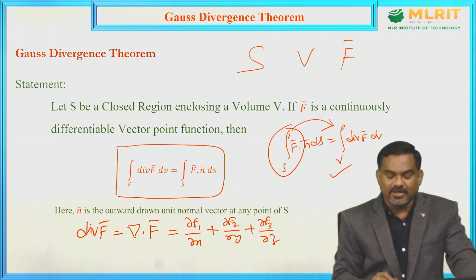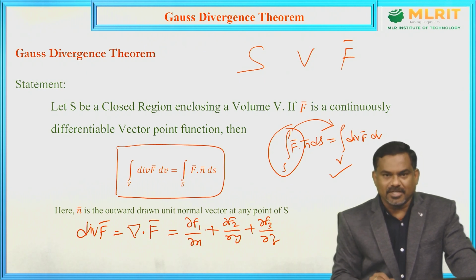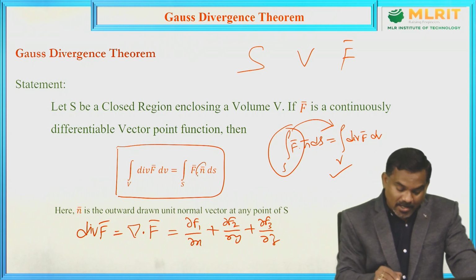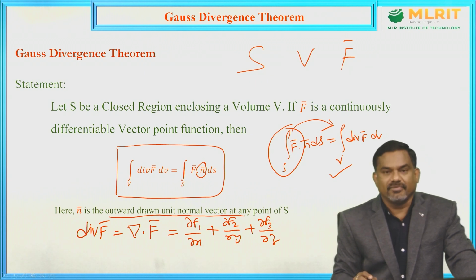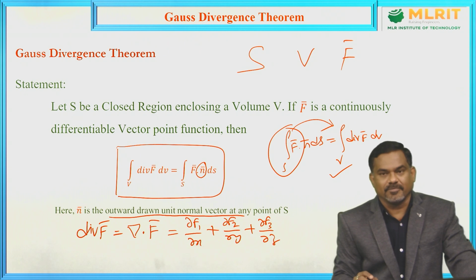If f bar is given in component form, simply differentiate partially the components of f bar with respect to x, y, z respectively. And n bar is the outward drawn unit normal vector to the surface S.